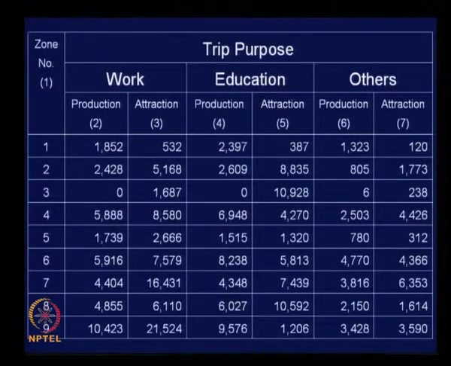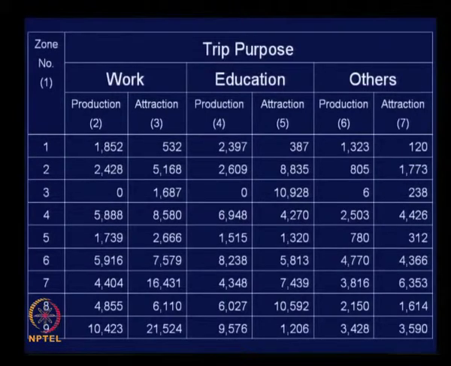Also there is no trip production for education, and there are a negligible number of trips produced for other purposes. Basically this zone is a trip attraction zone, we can say purely a trip attraction zone, clear.